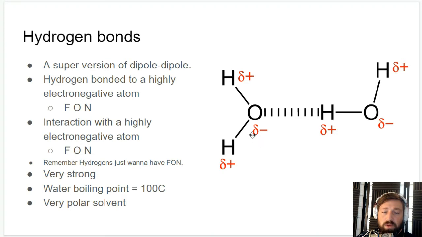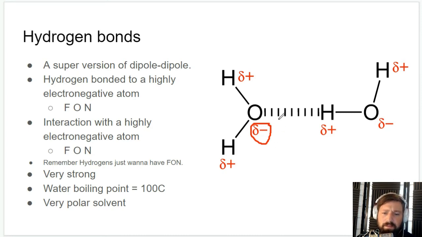If we turn these charges up to 11, if we really push the electrons towards one end, and in this case we have something very electronegative, oxygen, and hydrogen that doesn't have a lot of electrons to begin with, you get a super charge of the negative here and a very positive end over here. It's still a slight charge. It's not a full-on charge, but it's a lot closer than other dipole moments.